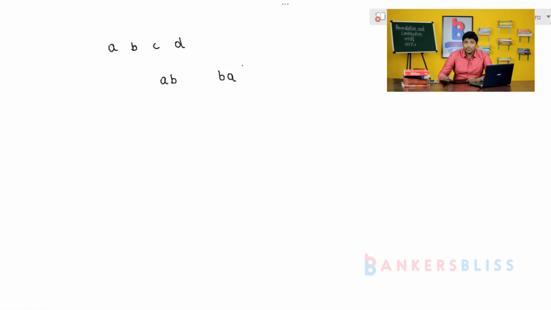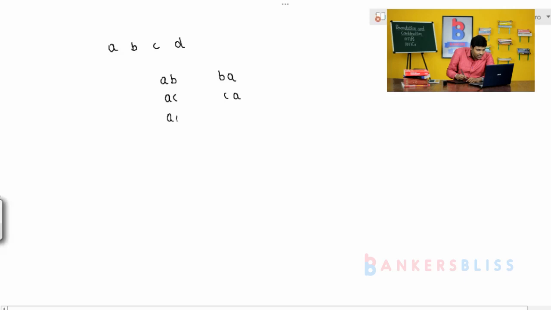So AB, BA. Next, I can select AC, which means I can arrange it in this format. Next, I can select AD, then I can arrange it in this format. So AB, AC, AD, next BC, I can arrange in this format.